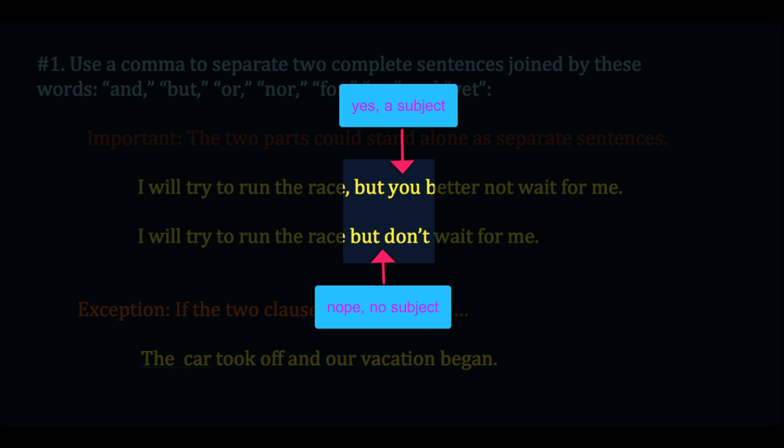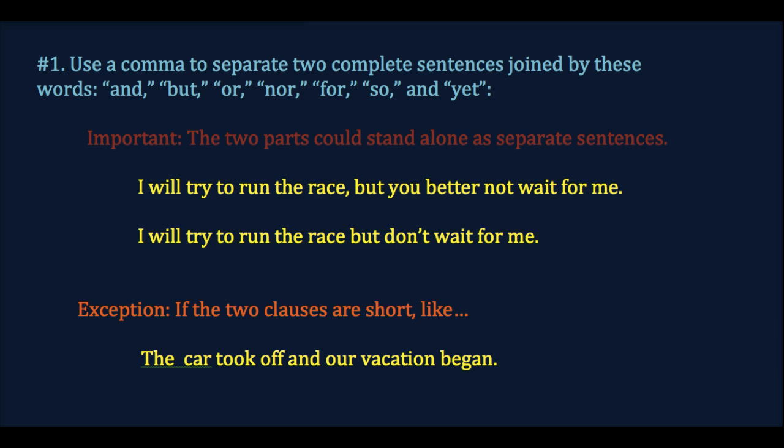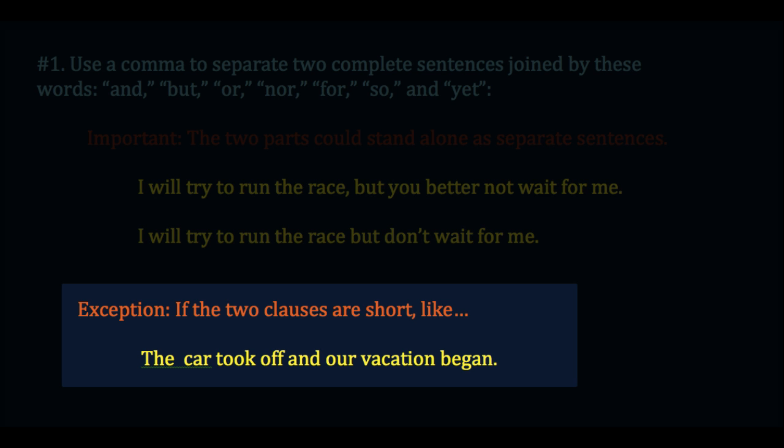That subject is going to make that second part a complete sentence. Now, the exception is if the two clauses are complete but short, like "The car took off and our vacation began." Technically yes, but you want a certain energy and there's no confusion going on, so no comma there.